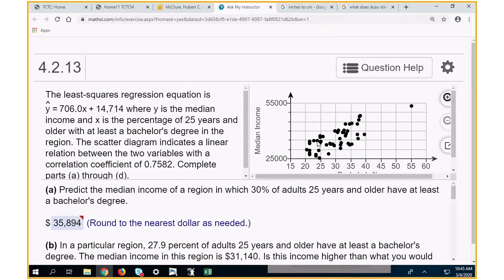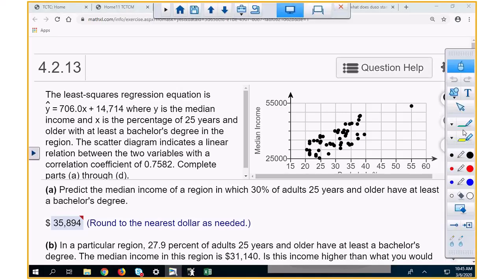Anyway, so this is our equation, and let me pull up the whiteboard and plug and chug. This may be a question on the test too.